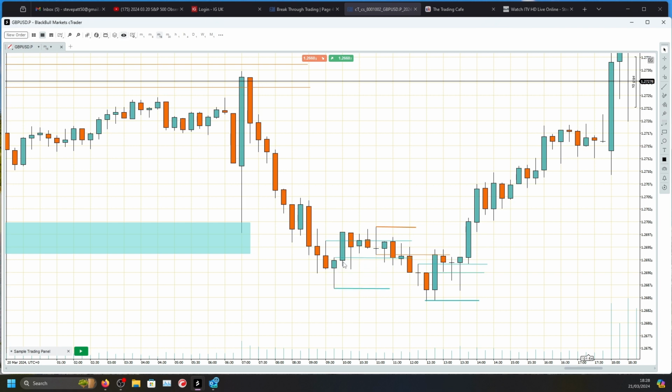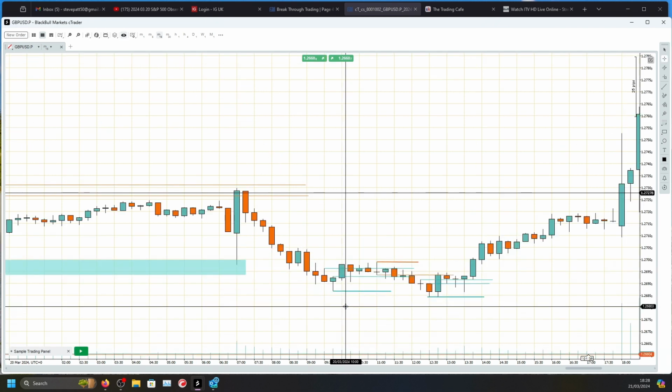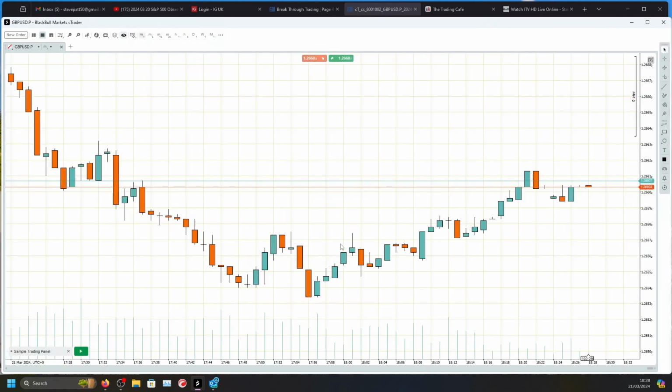Here. That bullish candle goes, it breaks the high of that candle and the high of that candle. So in theory, I'll be looking to go long in here. So let's just have a look at that a minute. What time is that? That's 10:15 yesterday. So 10:15.